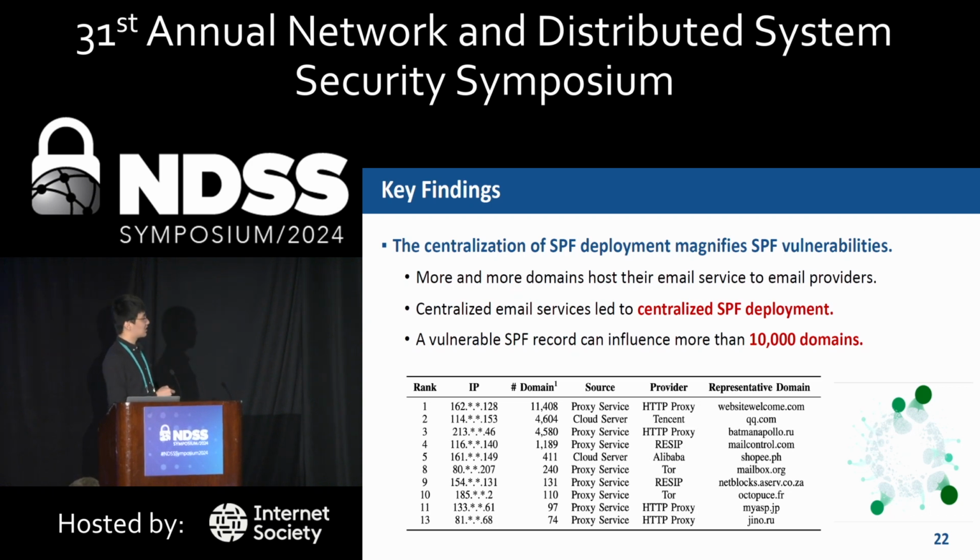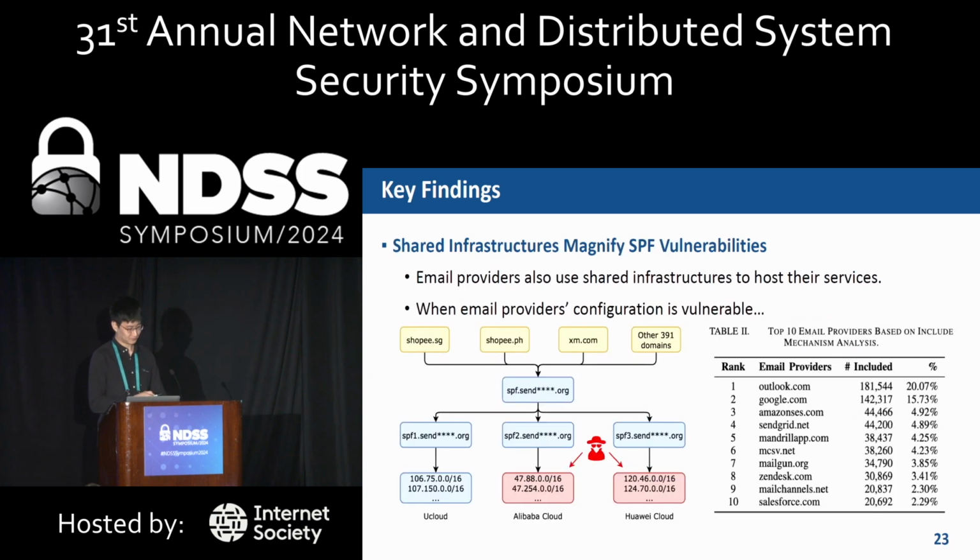Here are the top 10 domain groups influenced by only one IP address. I think the misuse of the include mechanism has resulted in this phenomenon. In our experiments, we found that email providers also use cloud services to host their services. However, when the configuration of email providers is vulnerable, the situation is even worse.